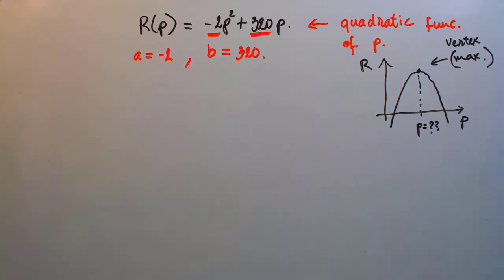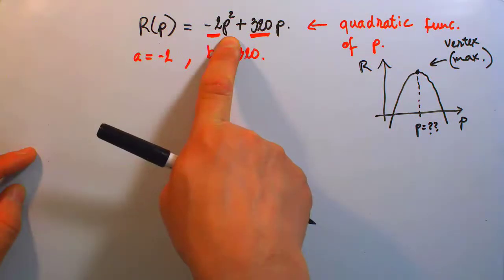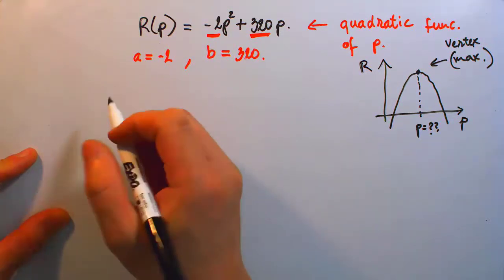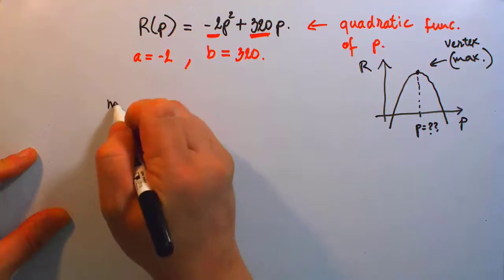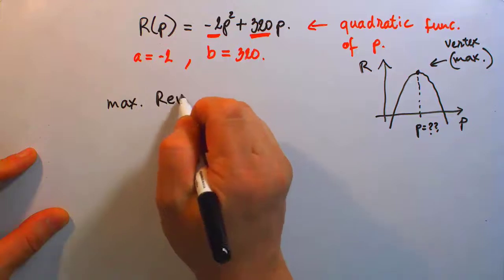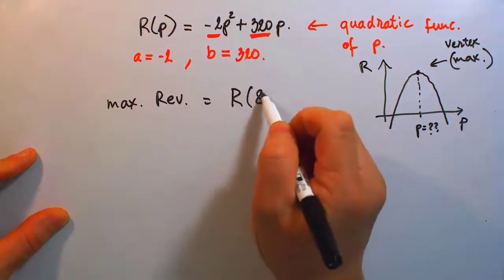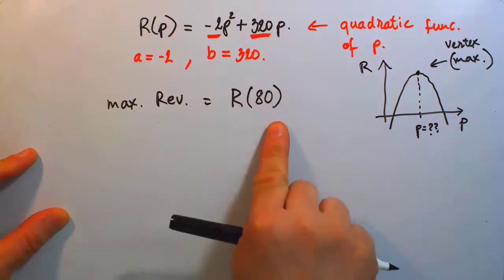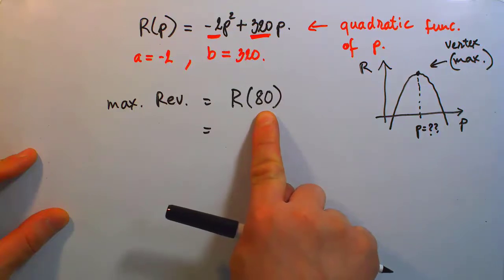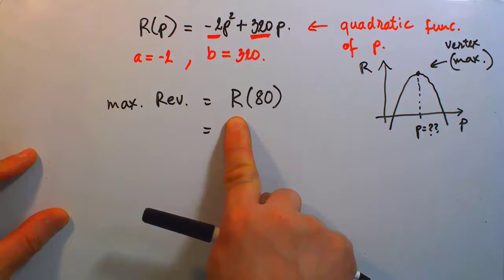So the largest monthly revenue, in the way your function is recognized as a quadratic, the maximum revenue is found by simply substituting that P equals 80 into your revenue function. Because we already knew from question B that at this price, and only at this price, the company is going to max out their revenue.